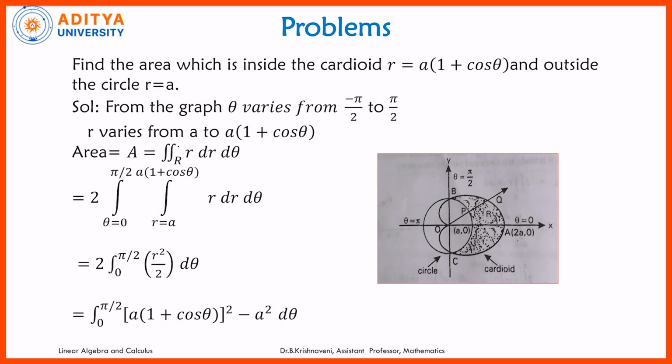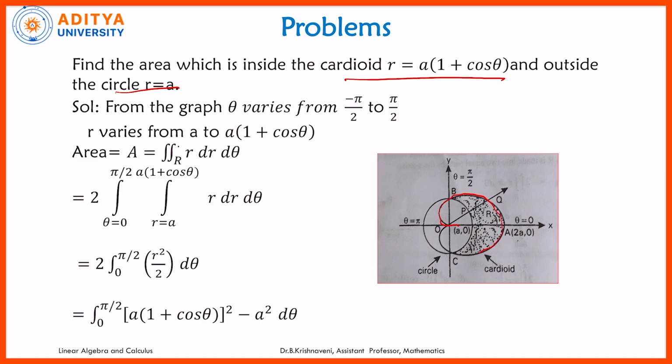Now the next is finding the area which is inside the cardioid r is equal to a into 1 plus cos theta, and outside the circle r is equal to a. So for this, let us take the graph correspondingly so that we can find out the region of area which we need to calculate. The first is the cardioid r is equal to a into 1 minus cos theta.